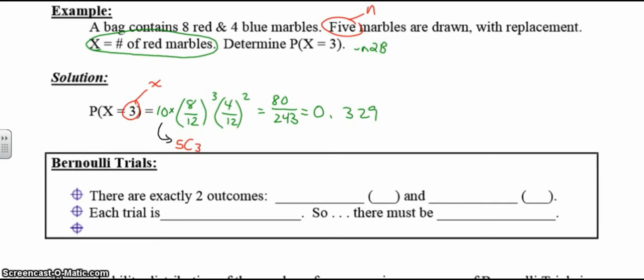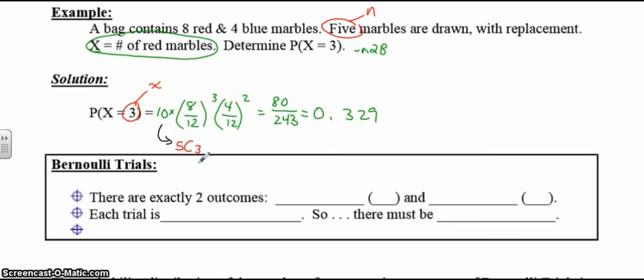So as we said, hypergeometric deals with cases that have non-replacement. Binomial distributions have cases where there is replacement, but it's also more than that. The binomial distribution deals with Bernoulli trials, and I'll explain what those are. In order for a distribution to be binomial, there can only be two outcomes. So red, blue, or you could say red, not red.